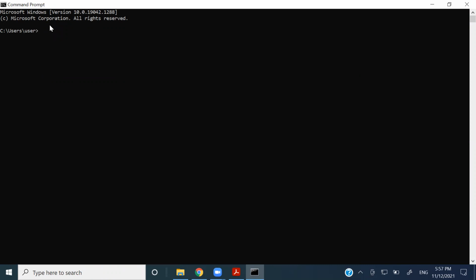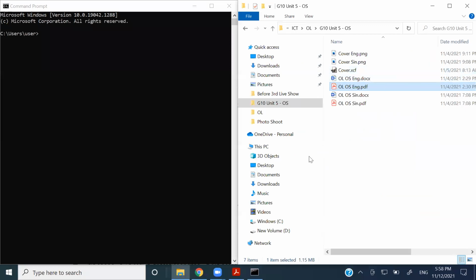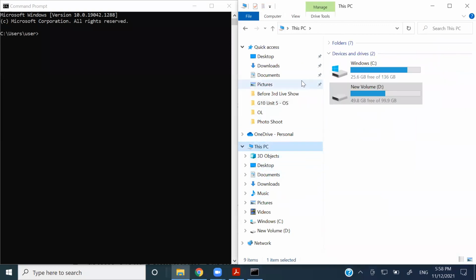So MS-DOS has the capability of showing you all the details inside your operating system. Now, as an example, if I take my Windows Explorer, you can see I have two separate drives called C drive and D drive.